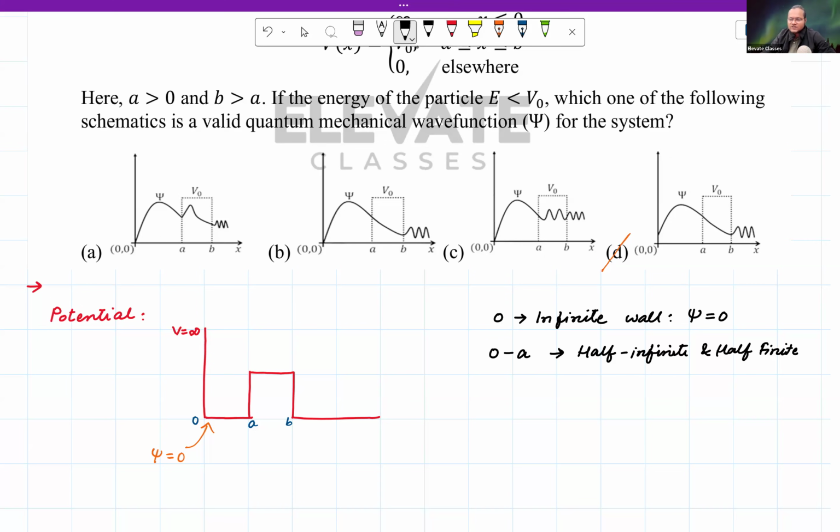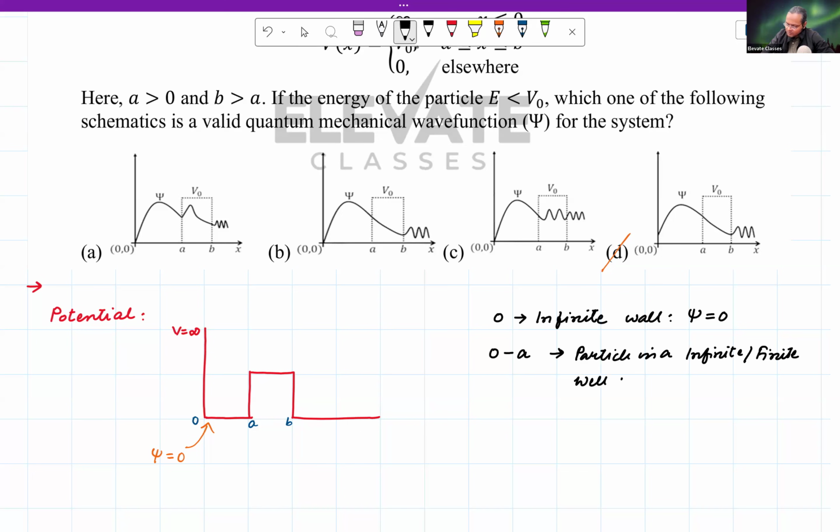Half infinite and half finite, sort of a particle in a box. It's a particle in a box, but not a finite box or an infinite box, but rather a particle in a box with one finite and one infinite wall. One side is infinite and the other side is a finite well.